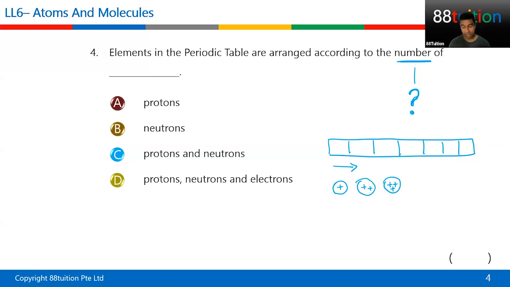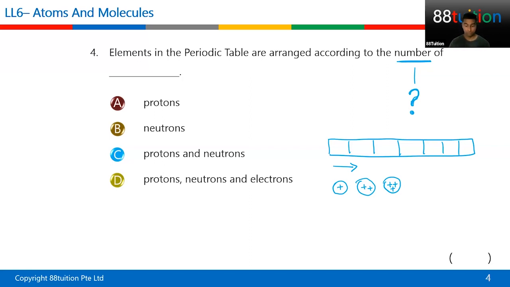Not proton, neutron, and electron, not all, but mainly protons only. Protons will increase, but electrons, obviously they increase together. But electrons, sometimes they can be removed and added. So they are not placed in a periodic table because of their electron number, but because of the proton number. And neutrons can be as many as the element has. There's no pattern.